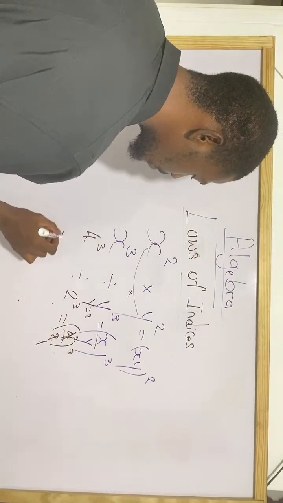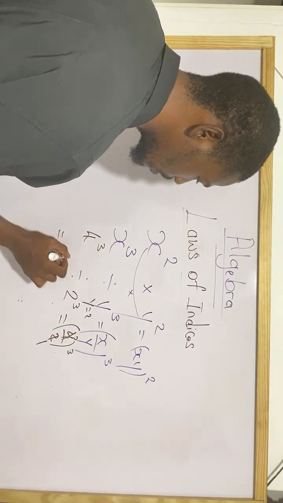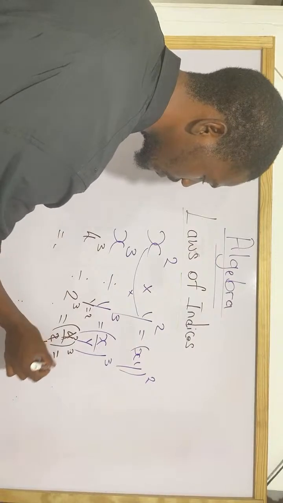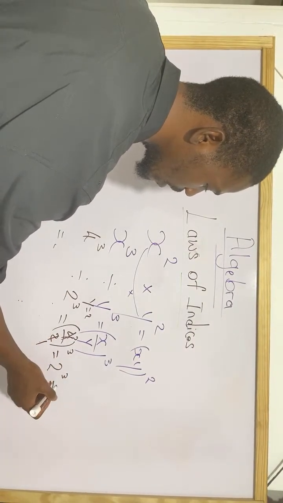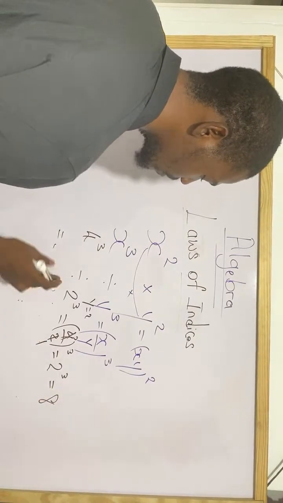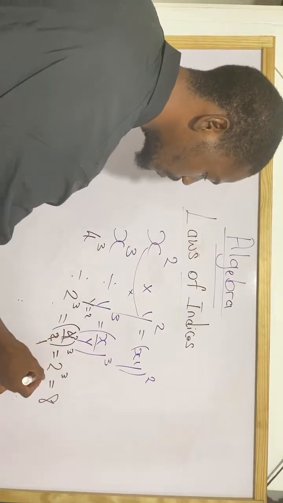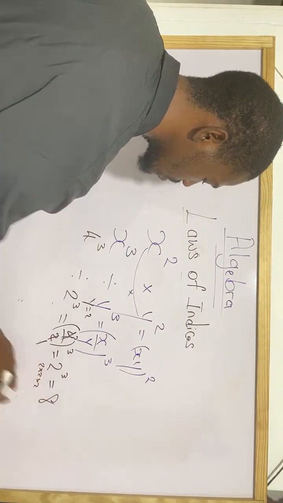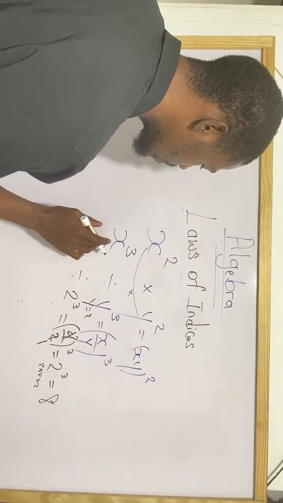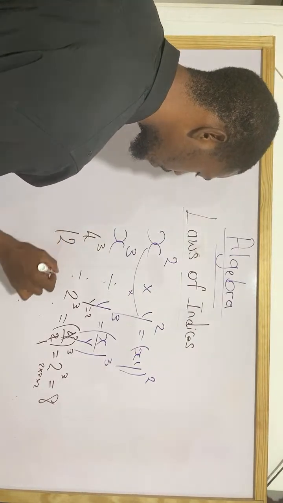So all I'm left with now is 2 to the power of 3, and 2 to the power of 3 gives us 8. So 2 to the power of 3 means 2 times 2 times 2. 2 twos is 4, 4 twos is 8. Here, 4 to the power of 3 gives us 12.